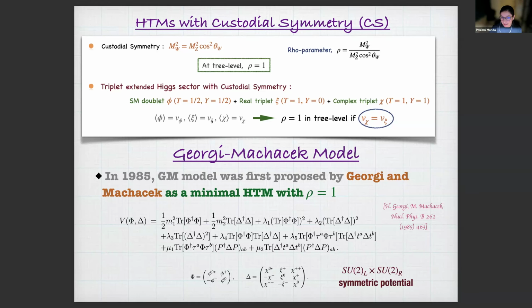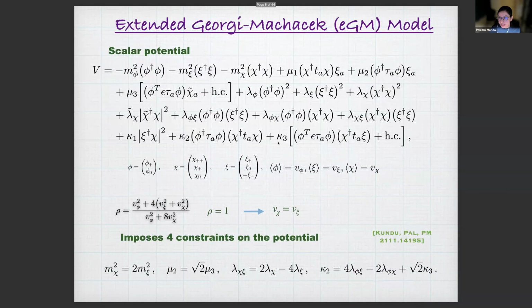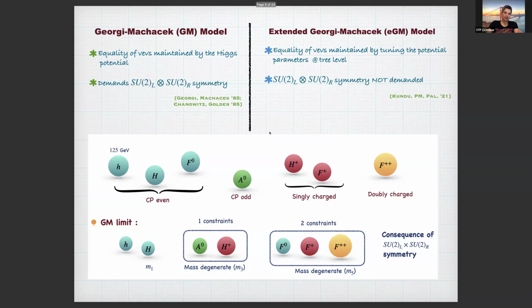So this is the only structure. So in the Georgi-Machacek model, you cannot have CP violation on its own. But in the extended Georgi-Machacek model, you can. That could lead you to electroweak baryogenesis or things like that, and definitely its smoking gun signatures.